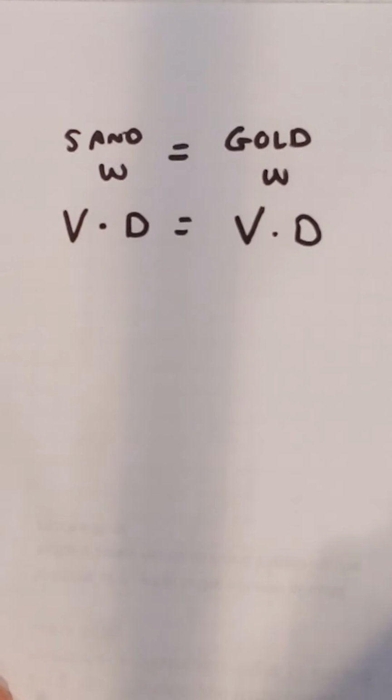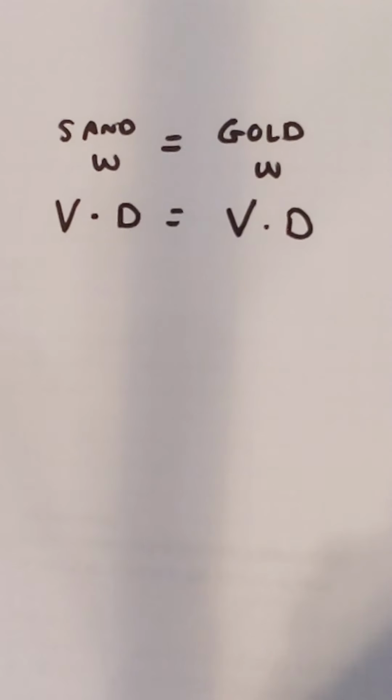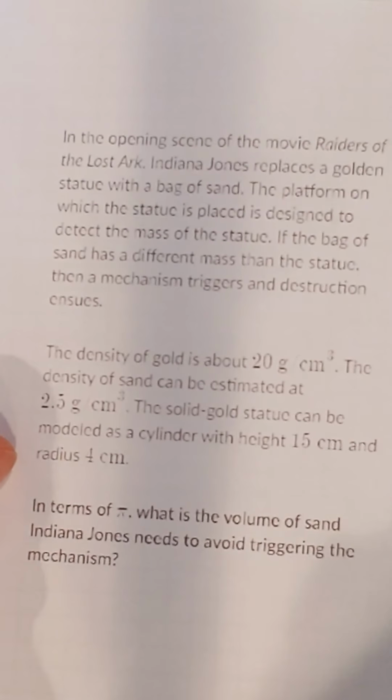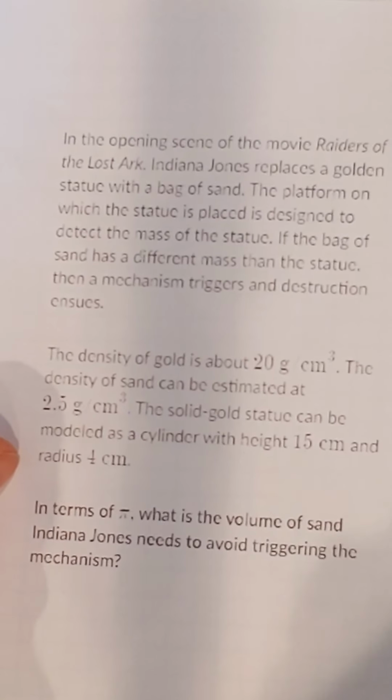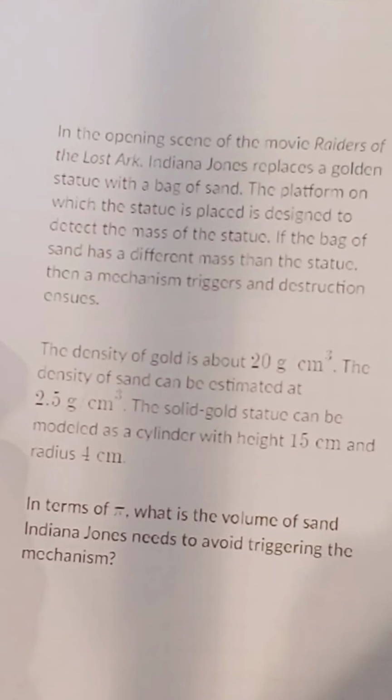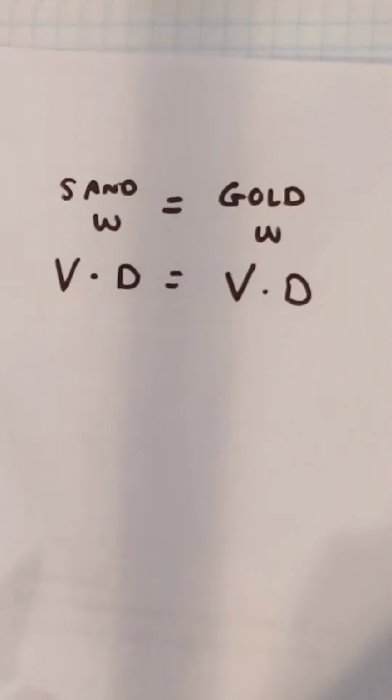Now, if I read the question again, let's see what information they give me. They tell me the density of gold is 20 grams per centimeter cubed. That means where I have the gold, my density is 20.